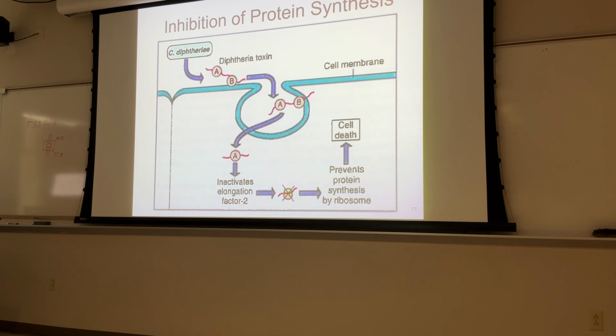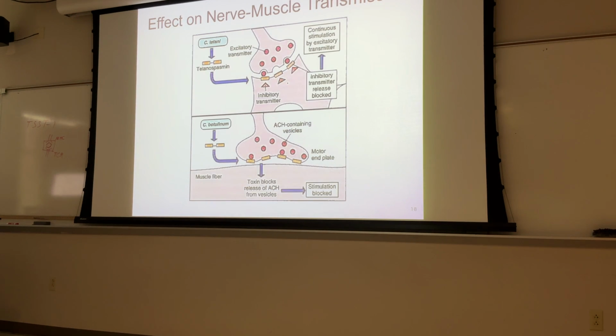So here you see the diphtheria toxin taken into the cell using that B binding component, and then that A active component is going to block protein synthesis. Cells can't make new protein, cells die. Can't divide without making new protein. So that's how bacterial diphtheria works.